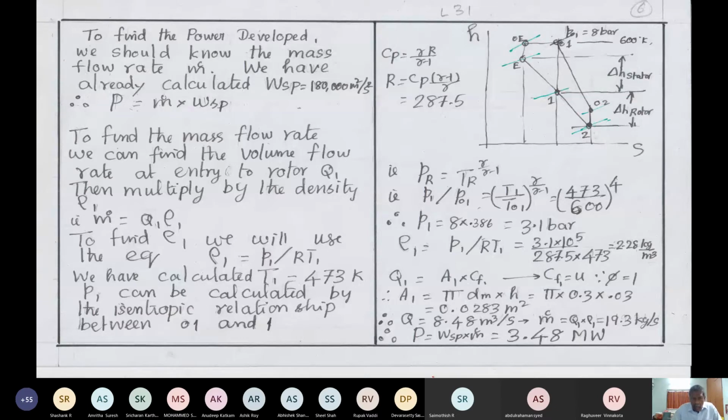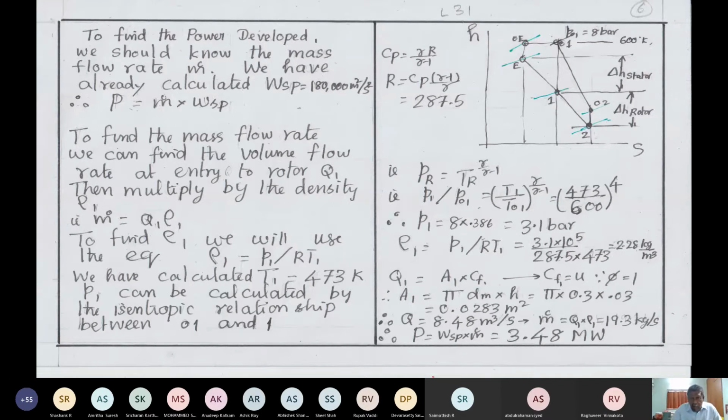To find ρ1, we will use the equation ρ1 is equal to P1 by RT1. So already we have calculated T1. Then R value is given.